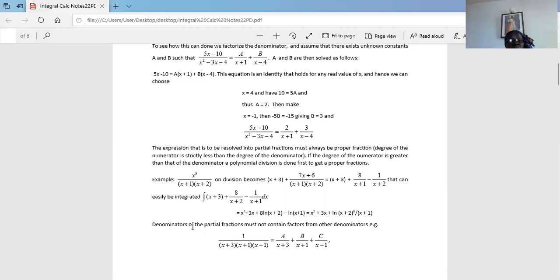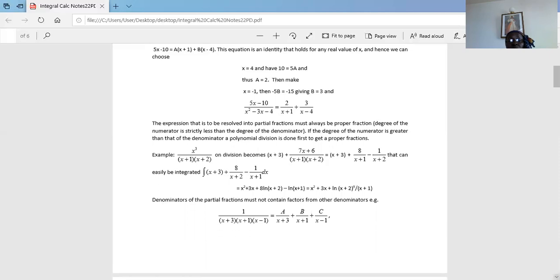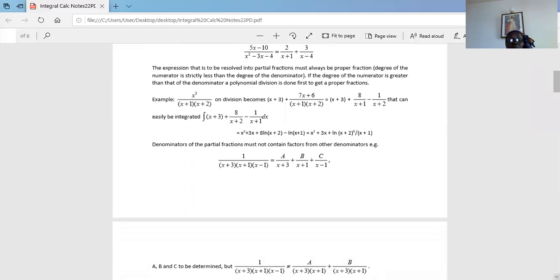So the denominators of the partial fractions must not contain factors from other denominators. Each partial fraction is different from the other. There's nothing the same in any of the partial fractions, the denominators, that is.